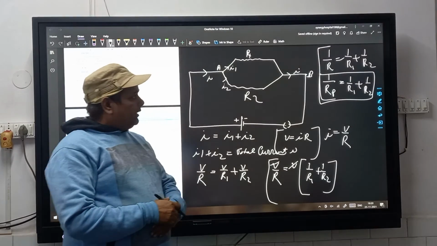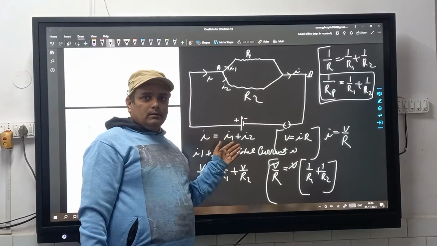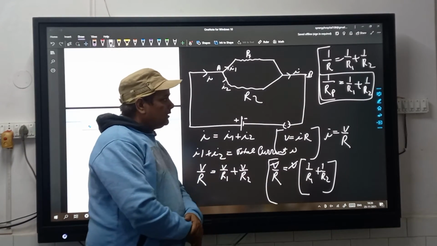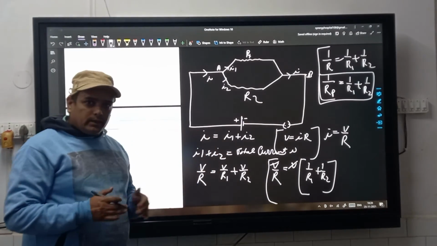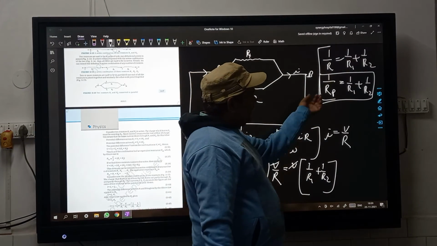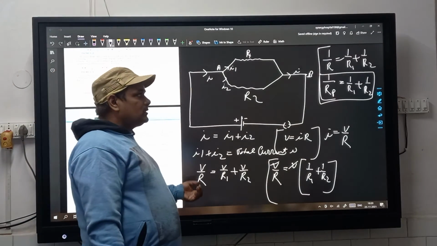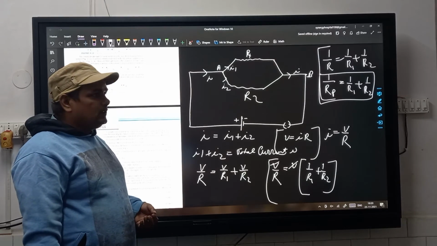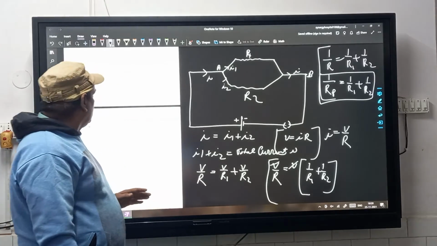This is the formula for the combination of electric resistances in parallel order. All the domestic wiring is done in the parallel order because we want to minimize the electric resistance and want to get more electric current in a convenient way. That is why all the electrical circuits and wirings in domestic home appliances are done in a parallel order. Did you understand? Okay.